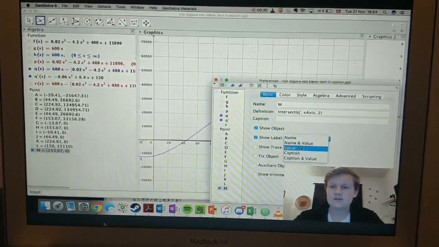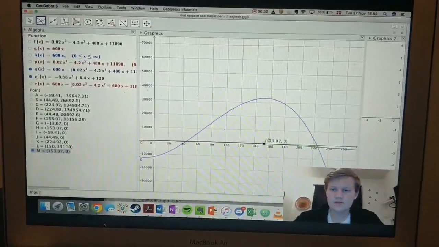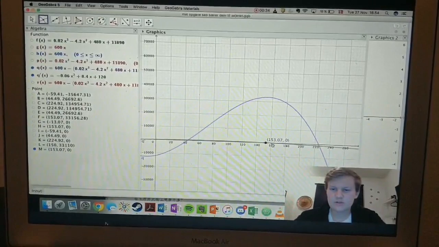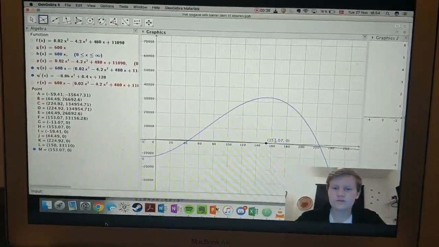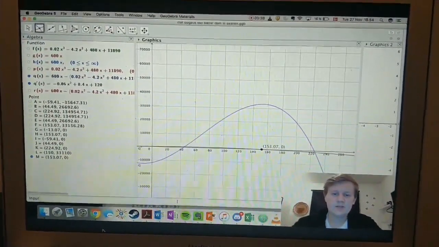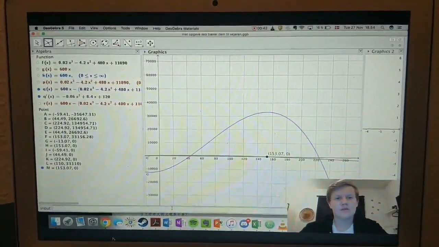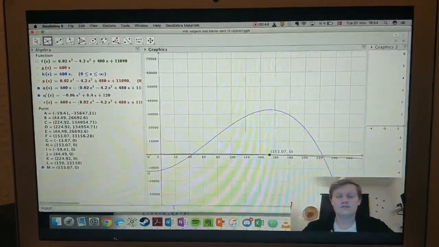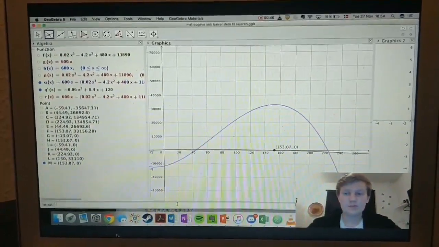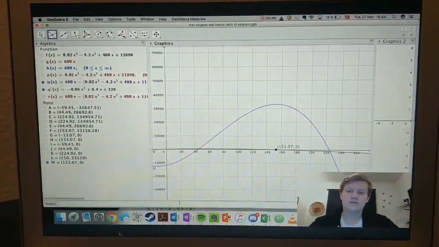So we can see that we have an intersecting point of 153.07. That means our maximum profit is reached when we produce 153.07 liters.